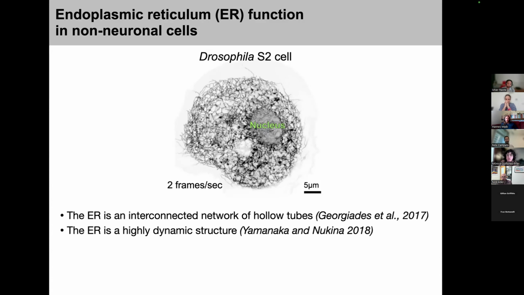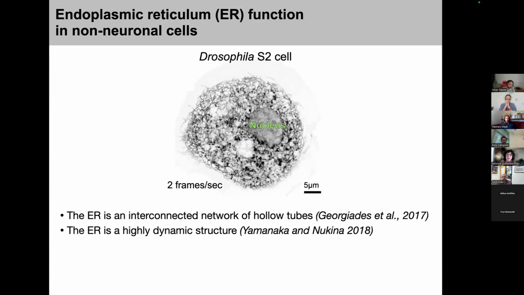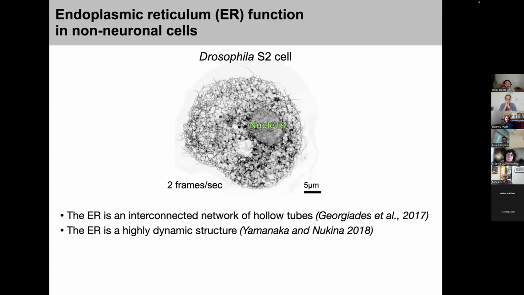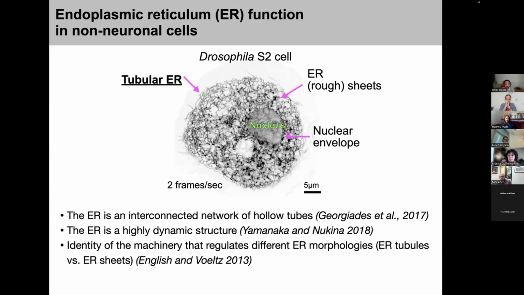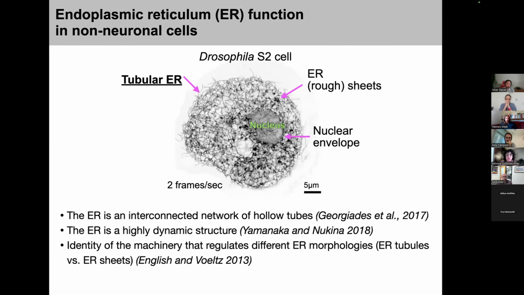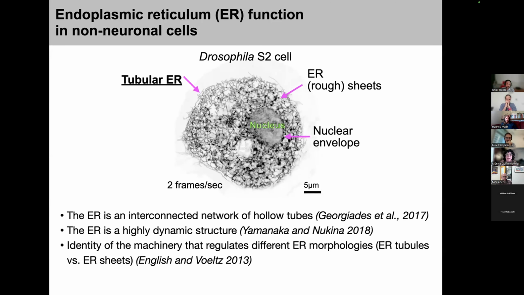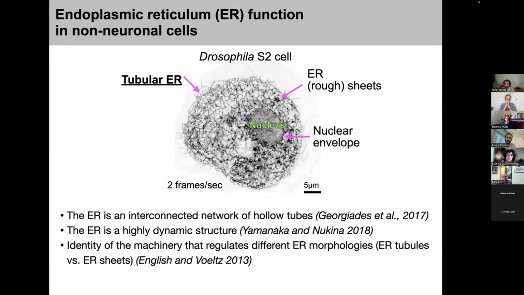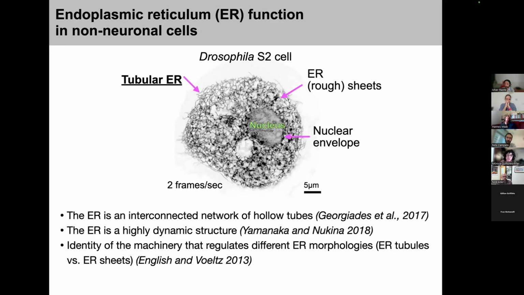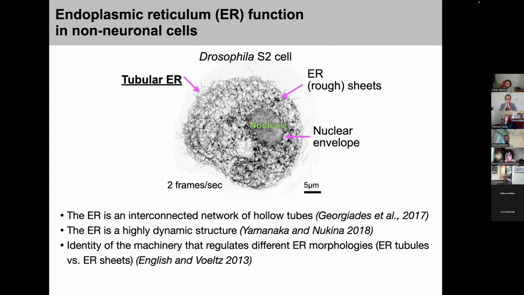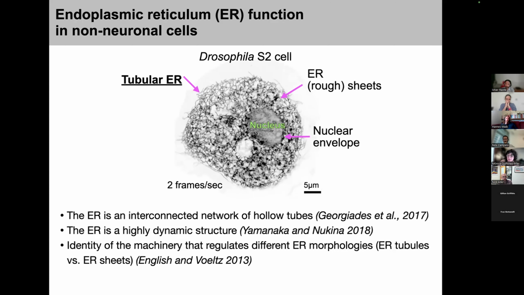Here I'm showing a cell expressing an ER marker, and you can see how all these tubules and networks move throughout the cell. There are three main types of morphologies that the ER takes, and the one that I'm going to be focusing on primarily is the tubular ER, which is mostly found toward the peripheries of cells, including neurons.